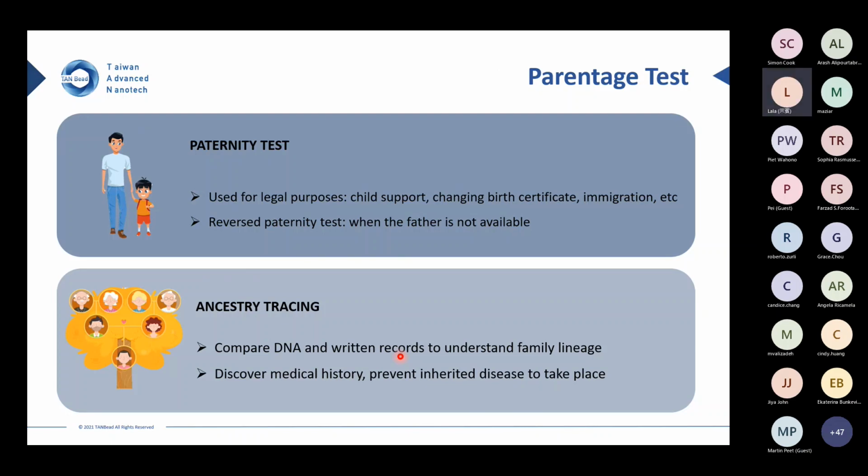Now, on the last group, forensic science can also be used for parentage testing, such as paternity tests. So, a court could order a paternity test for legal purposes, like child support. One of the most common cases is when an unmarried couple splits, and maybe the mother would be asking the father for child support, for financial support.